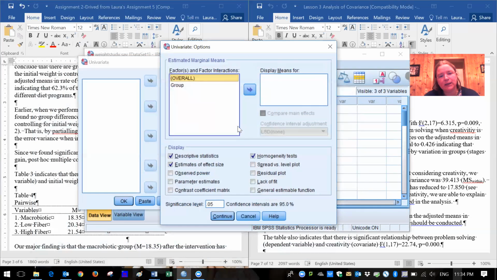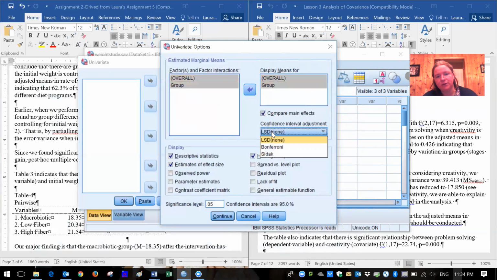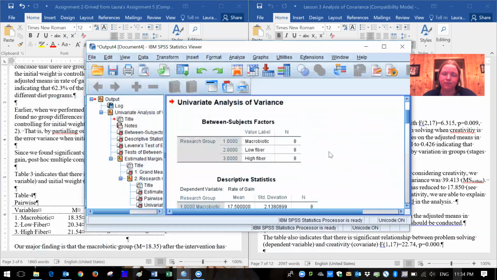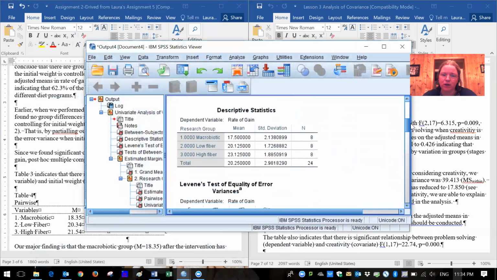And maybe it's because I didn't move these over with the groups and click on Bonferroni. So let's go ahead and do that. And then I've clicked the descriptive statistics, estimates of effect size, and homogeneity test.